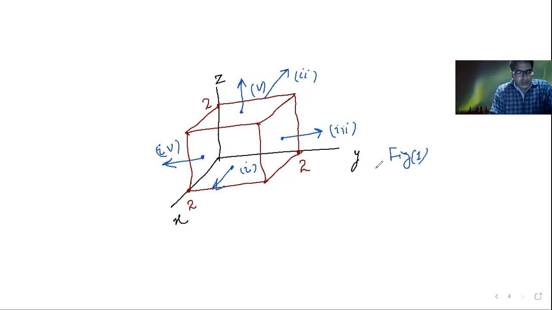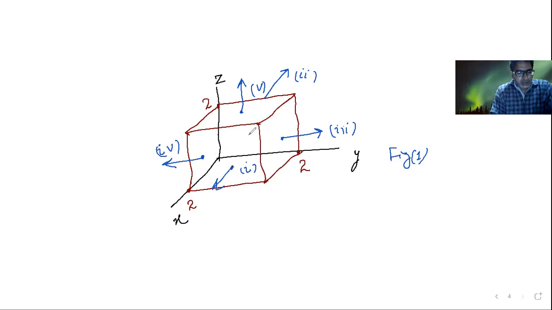Face 1 is the front face, the back face is second, this face is third, this is the fourth face, and the upward face is the fifth face. I will take the sides one by one.